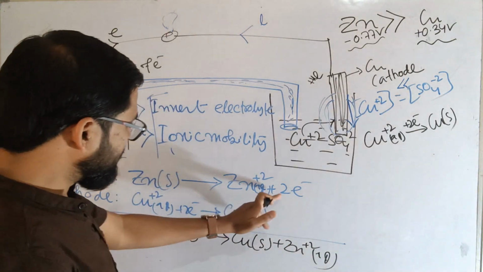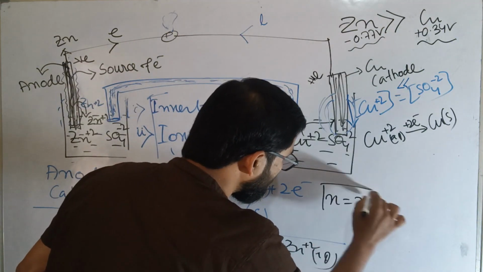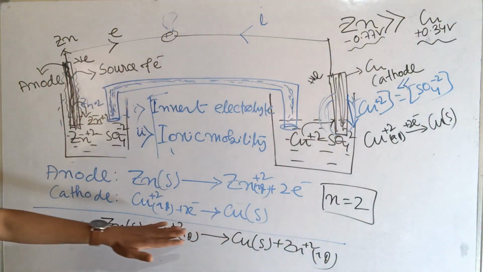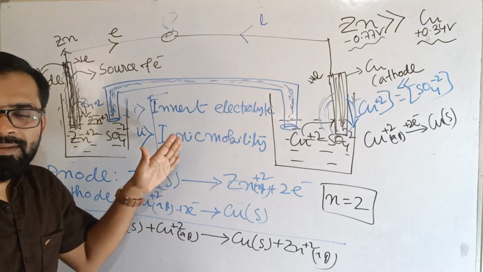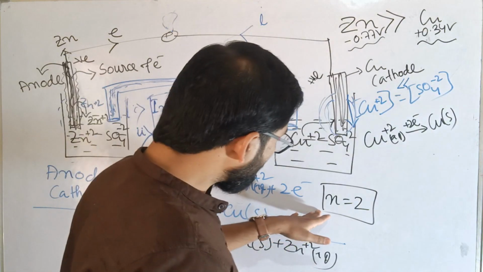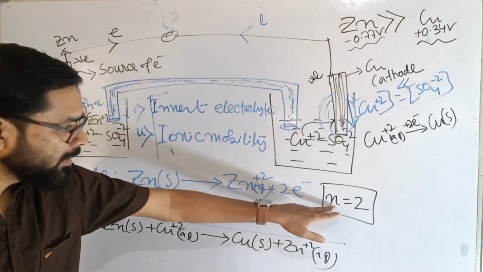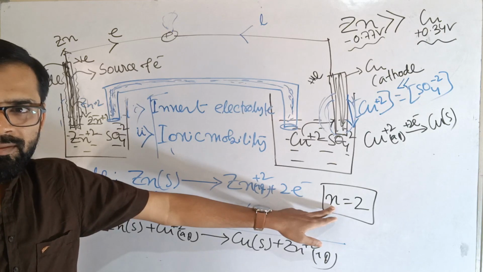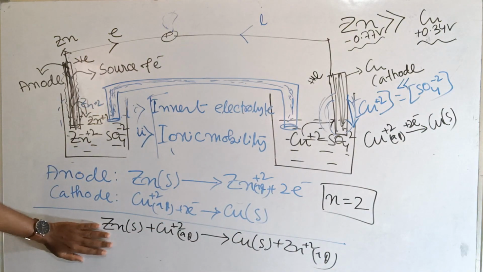Here 2 electrons are used, so n is equal to 2. That calculation is very, very important: how many electrons are used in this chemical reaction? In the case of the Nernst equation, we have to use this number. Clear?